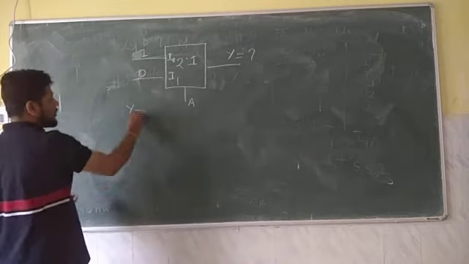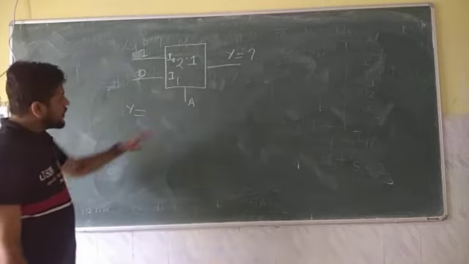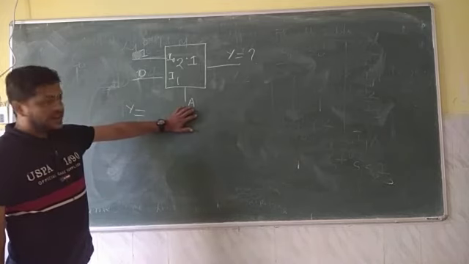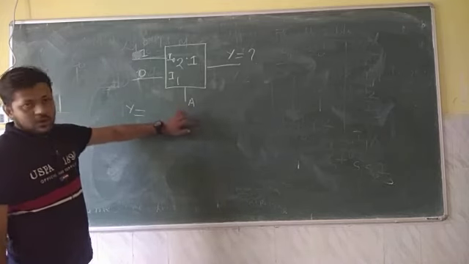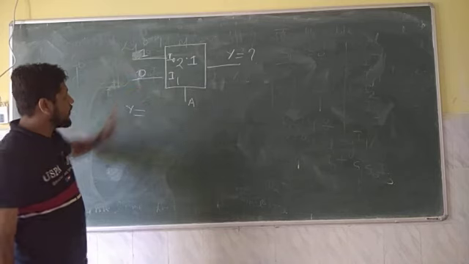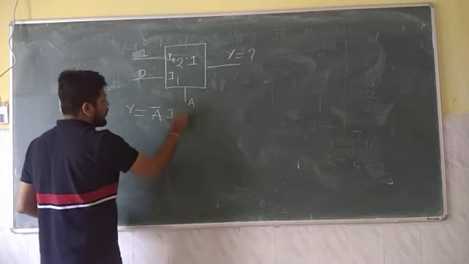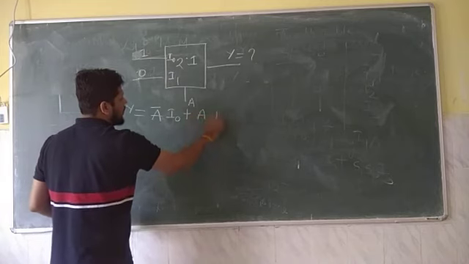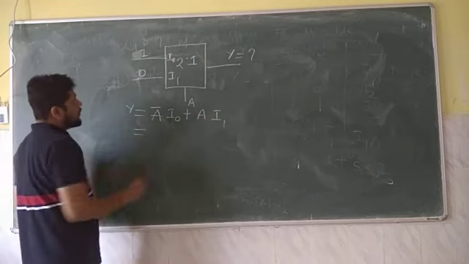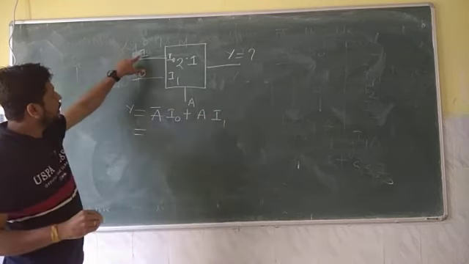Then from the definition, what we have known is that when A is 0 it will select I0, when A is 1 it will select I1. So how can you write that? That is A bar I0 or A I1. Now what is the value of I0? I0 value is 1.